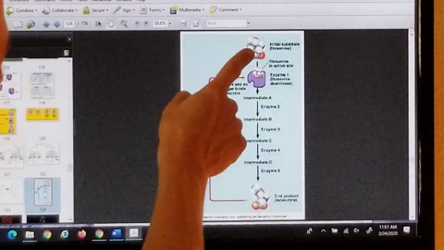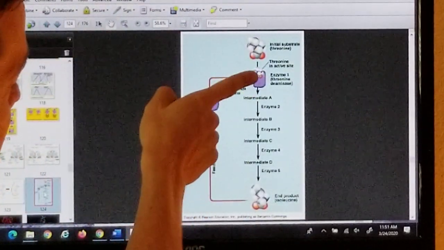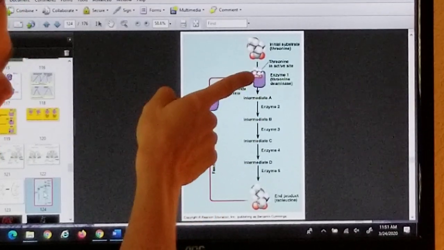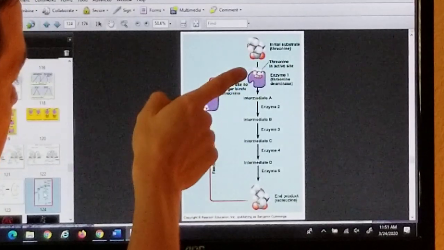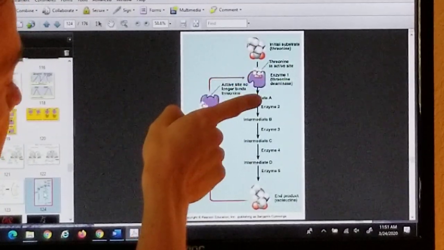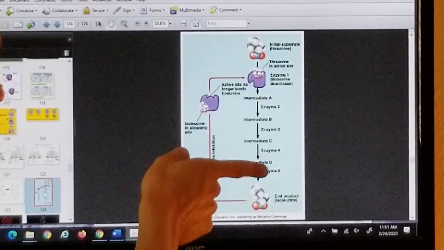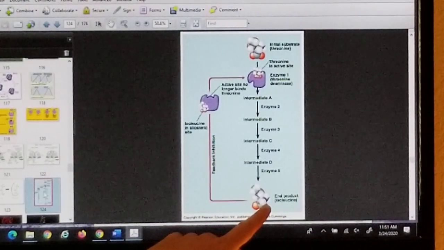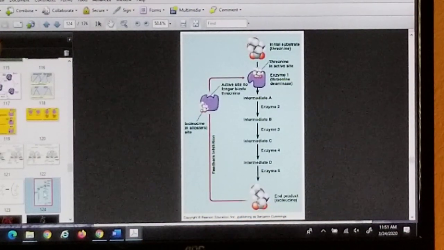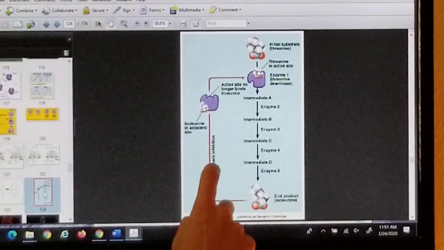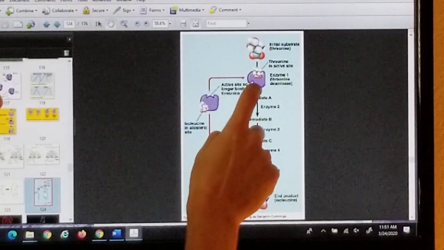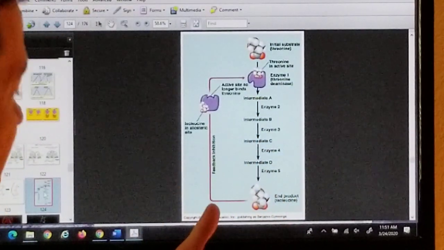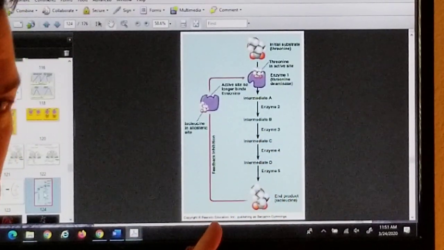So here, I've got several enzymes, enzyme 1, 2, 3, 4, and 5. They basically take this chemical, threonine, and they tweak it again, and the final product is isoleucine. That's an amino acid. And so then what will happen is isoleucine can turn off the enzyme that helps make isoleucine. So what that means is we'll always have a steady amount of isoleucine.